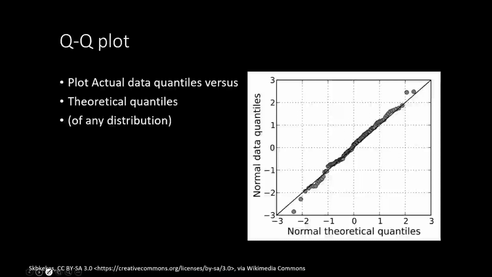One way to find the goodness of a particular distribution is to do something called a QQ plot. QQ plot means quantile plot. So we take the x-axis and we look at the quantiles of a theoretical distribution, sorry, an actual distribution. And then we look at the quantiles of the actual distribution of the data, and we see whether they form a straight line or not.